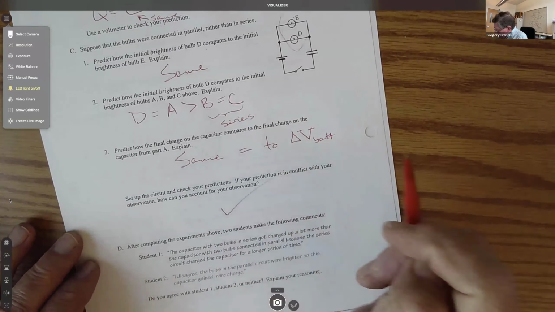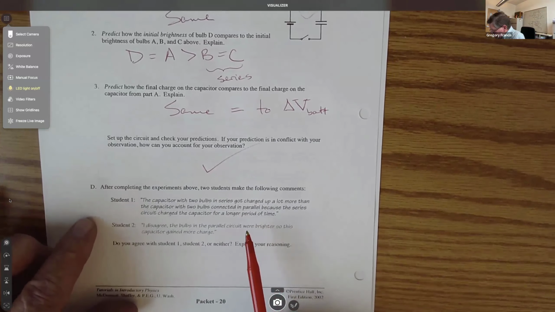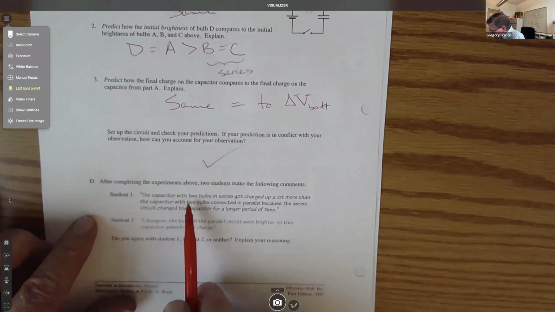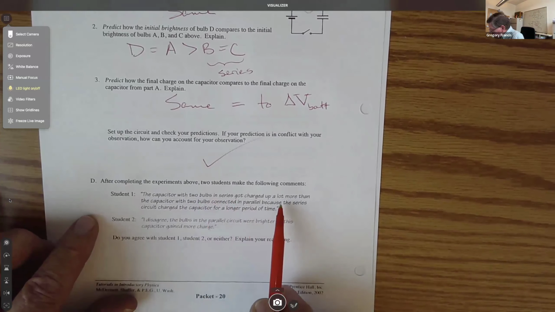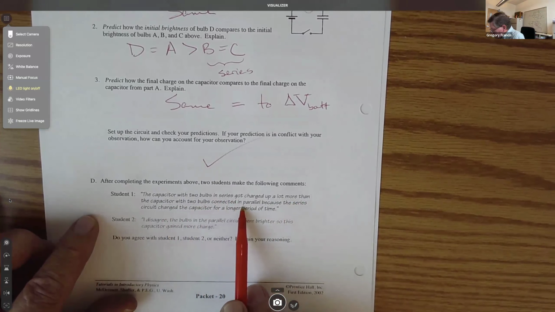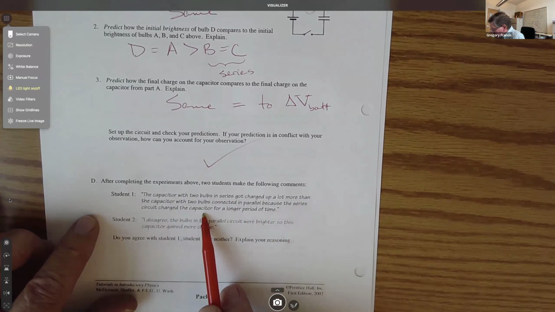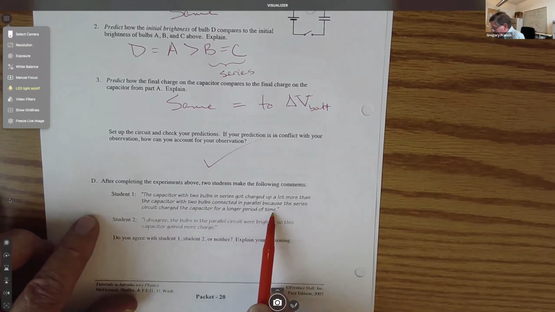We checked our predictions. Now, student one and student two. The capacitor with two bulbs in series got charged up a lot more than the capacitor with two bulbs connected in parallel because the series circuit charged the capacitor for a longer period of time.